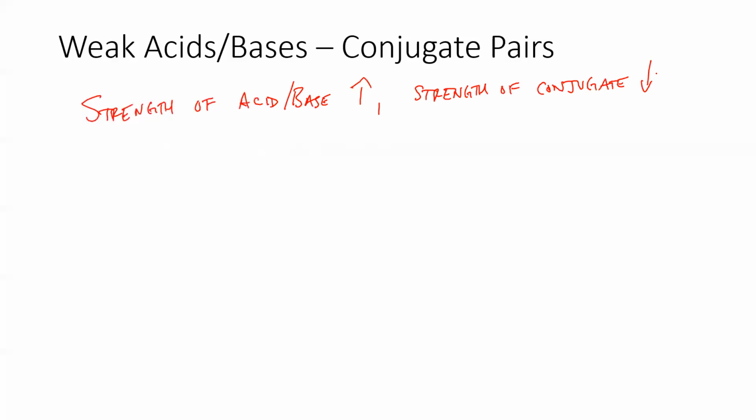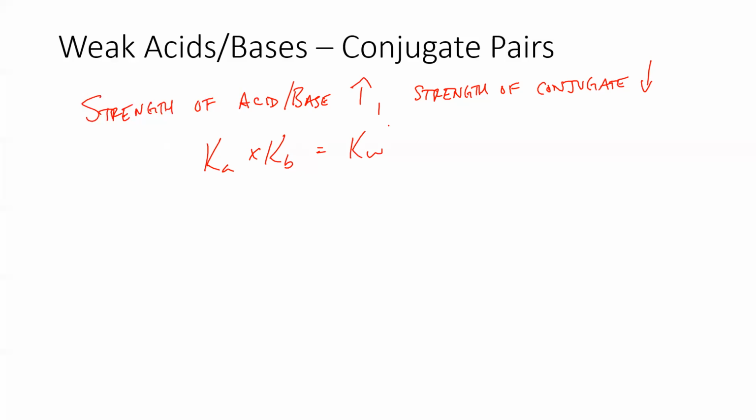And again, this is based on what we talked about, where Ka times Kb has to equal Kw. Let's just say for argument's sake that my Ka value was 1.